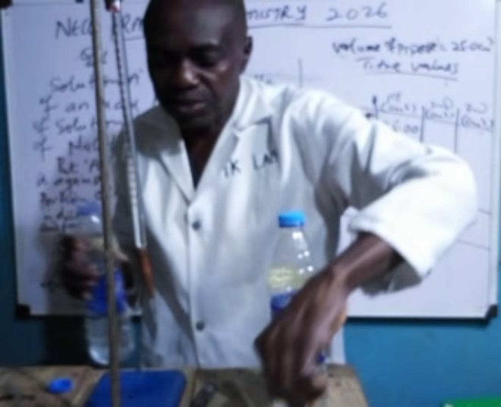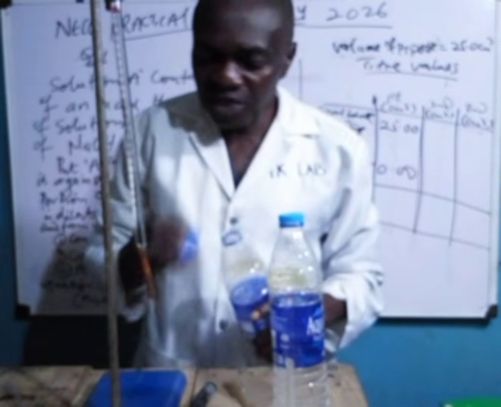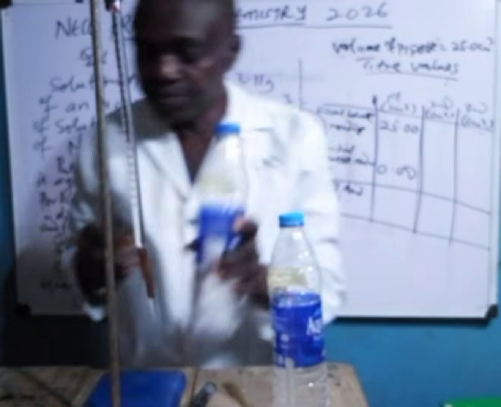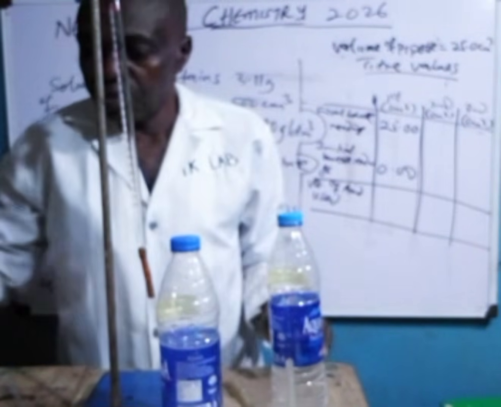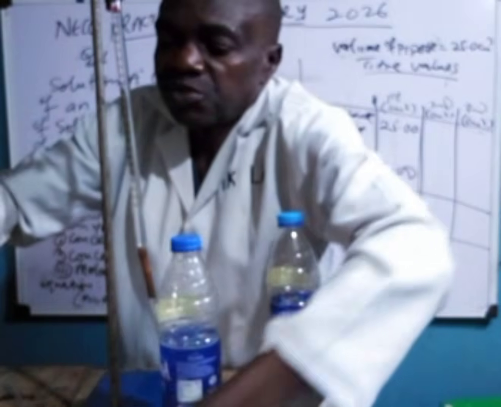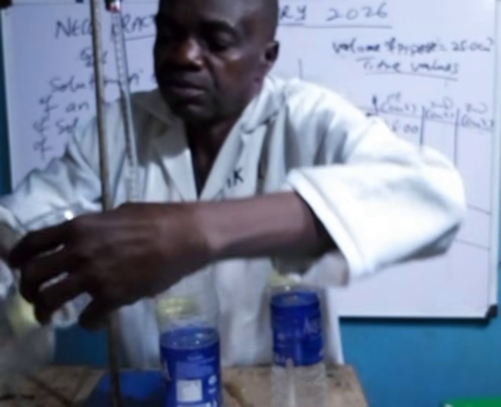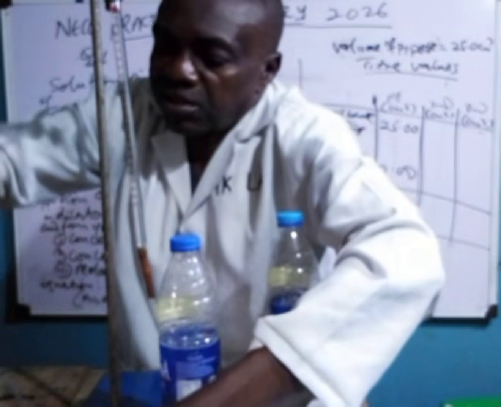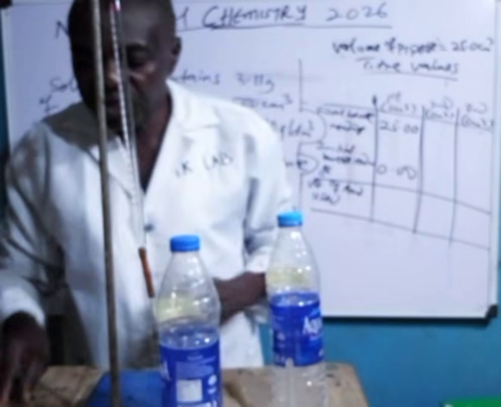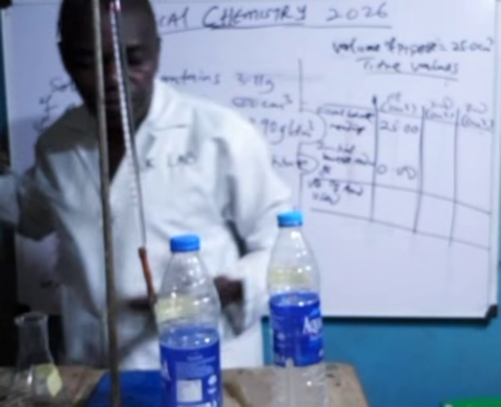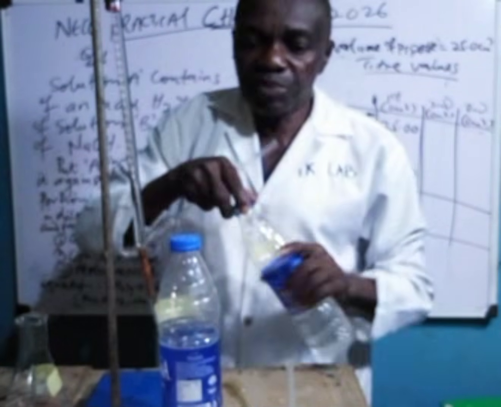Okay, it's at the 0 mark. You don't need to remove air bubbles because it has already been removed. Discard it here and rinse with clean water. That's enough. Then repeat the process. This is our base.